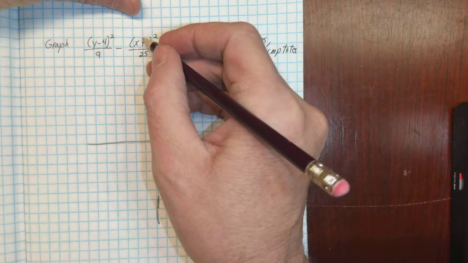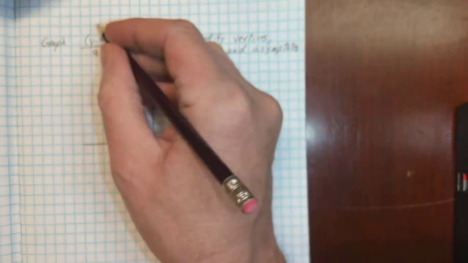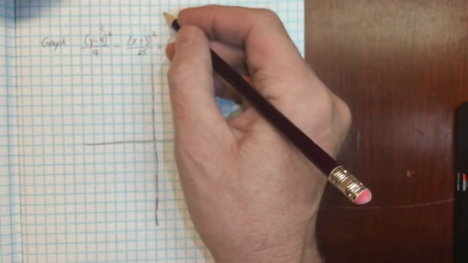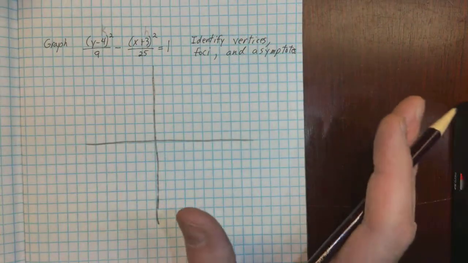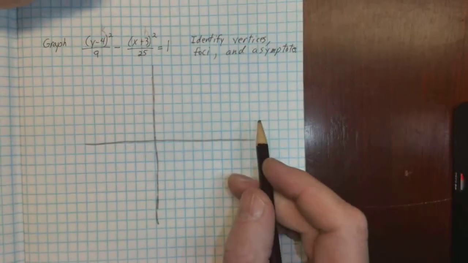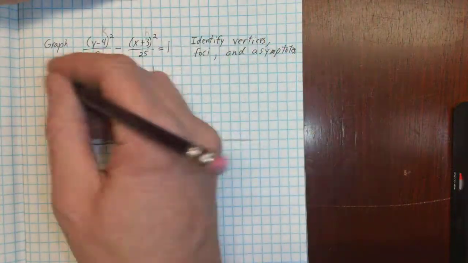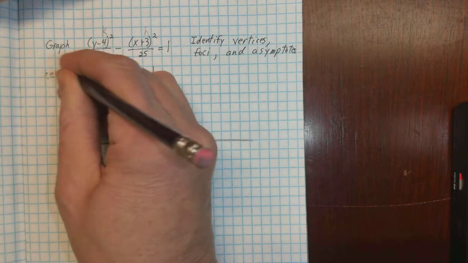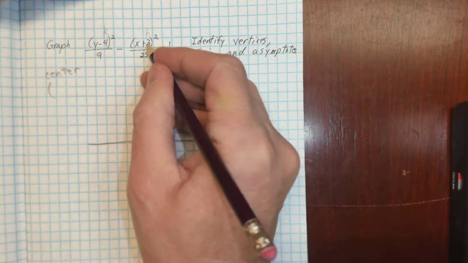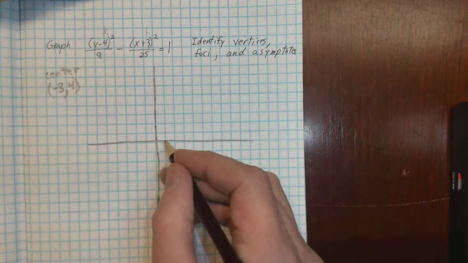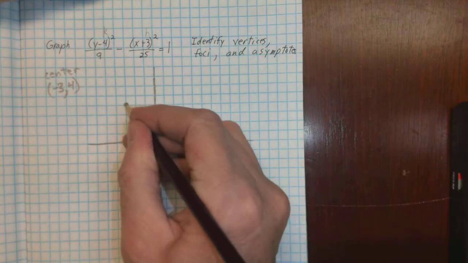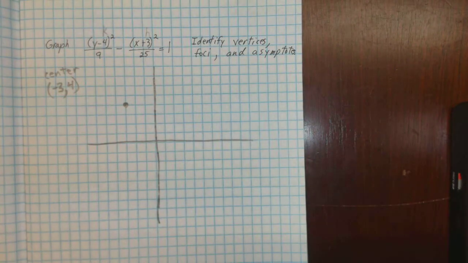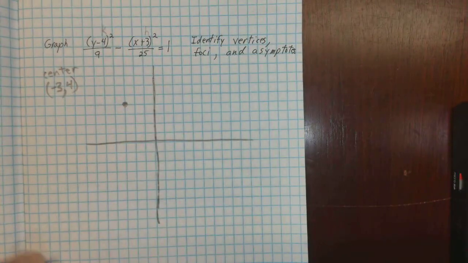The center, this is h, this is k, and it's like all of the translations we've done before. The center of this one is at (-3, 4). Where we had the origin, we're doing it here now.